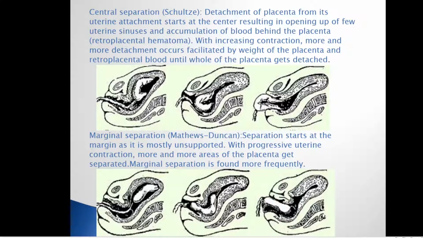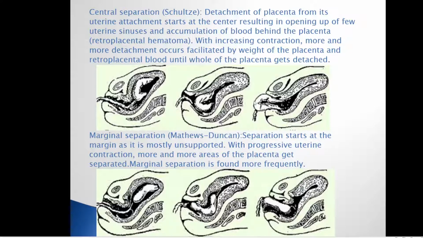With increasing contraction, more and more detachment occurs, facilitated by the weight of the placenta and retroplacental blood, until the whole placenta gets detached. And when expulsion happens, in this situation we can see the fetal part of the placenta.